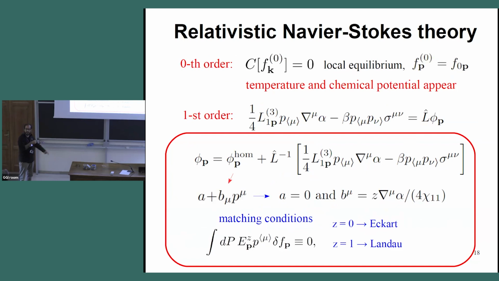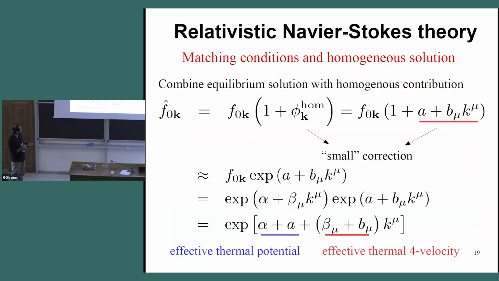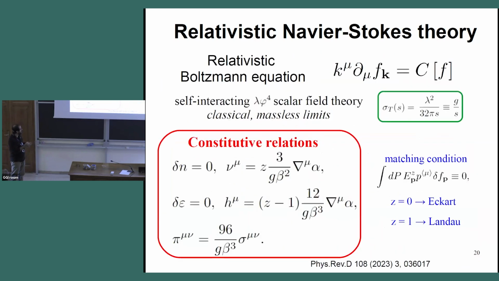It starts as just some parameter in F0, and then later it is fixed by some condition like this one. You specify it later, because u mu is a solution of the conservation laws, and it will matter for the solution of u mu whether this h is 0 or this nu is 0. So by changing these two guys, you're changing the solution for the velocity that will come out of these conservation laws.